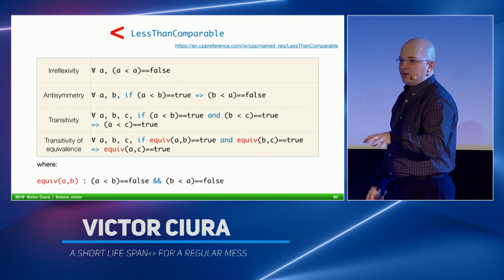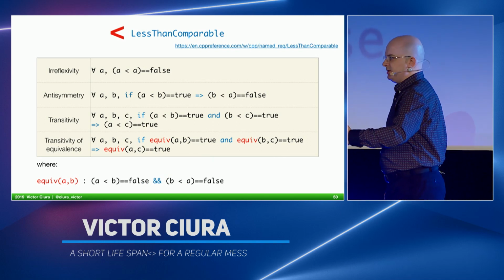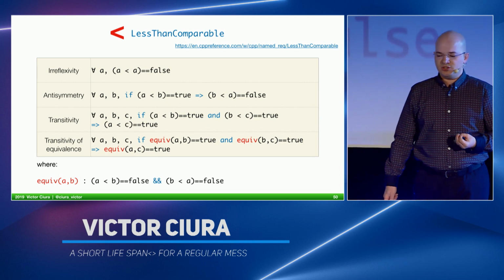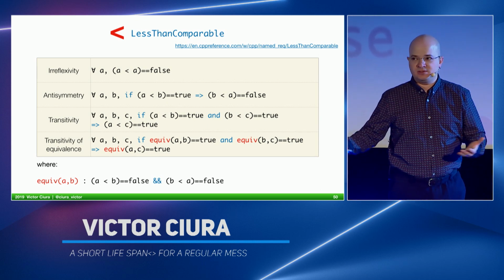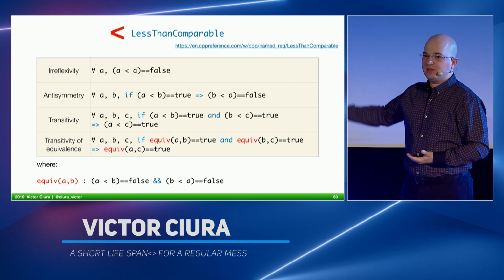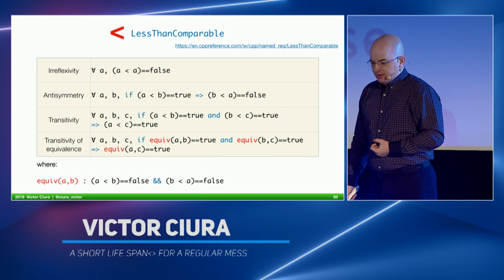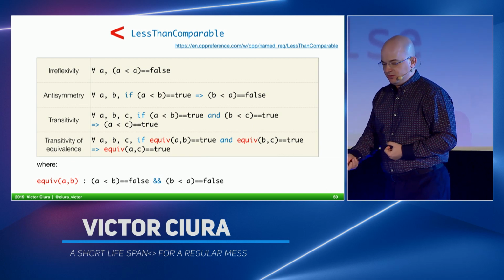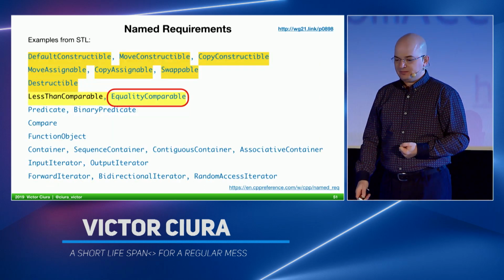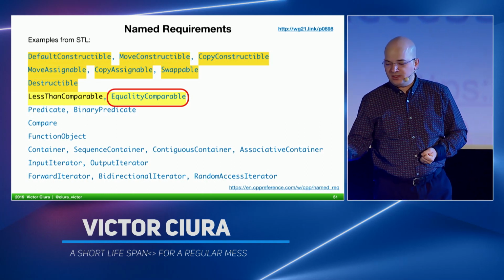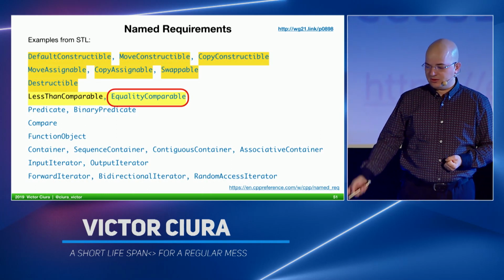Less than comparable is a particular instance of strict weak ordering where the operation is less than. That's just it. I just replaced generic comparator with less than. And again, we have the equivalence relation. Named requirements. We're going to focus now on the EqualityComparable concept.